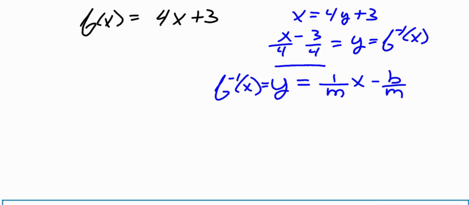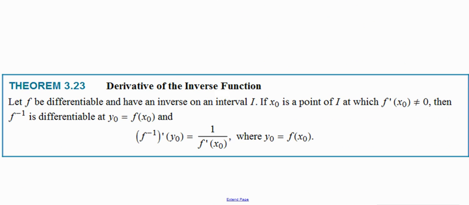Since our domain and range switch, we can go through the proof on page 228 for all inverse functions, but it turns out the derivative of the inverse function at a certain point, the derivative with respect to y, is really 1 over the derivative with respect to x. Let's walk through a couple of examples of these. We're going to do number 37.